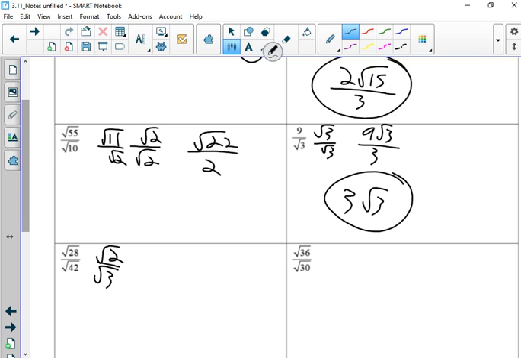Now, you could have reduced by 7 first, and gotten 4 over 6.